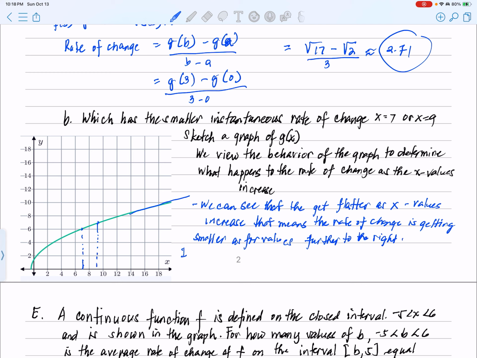Our instantaneous rate of change will be getting smaller as the x values move to the right, as x values increase to the right.